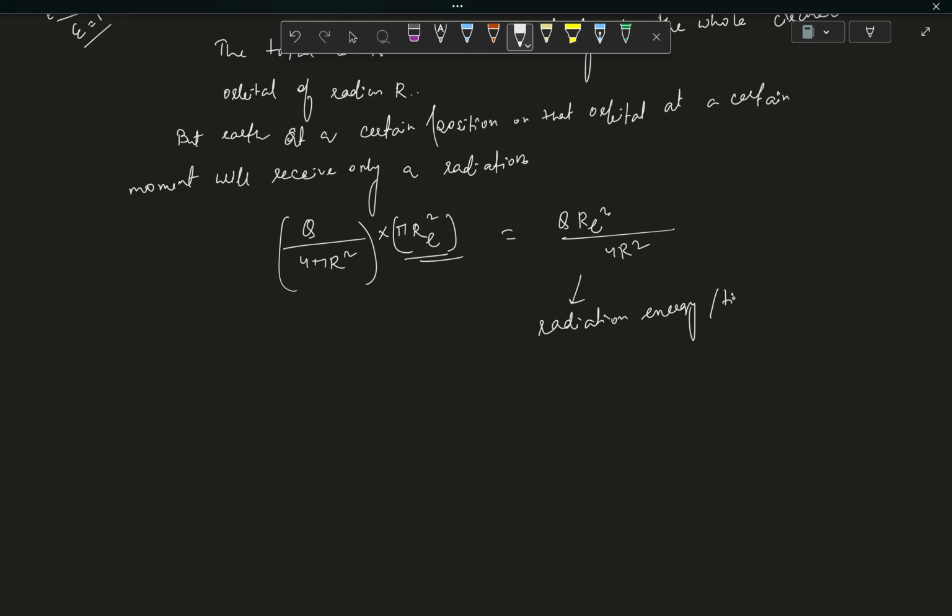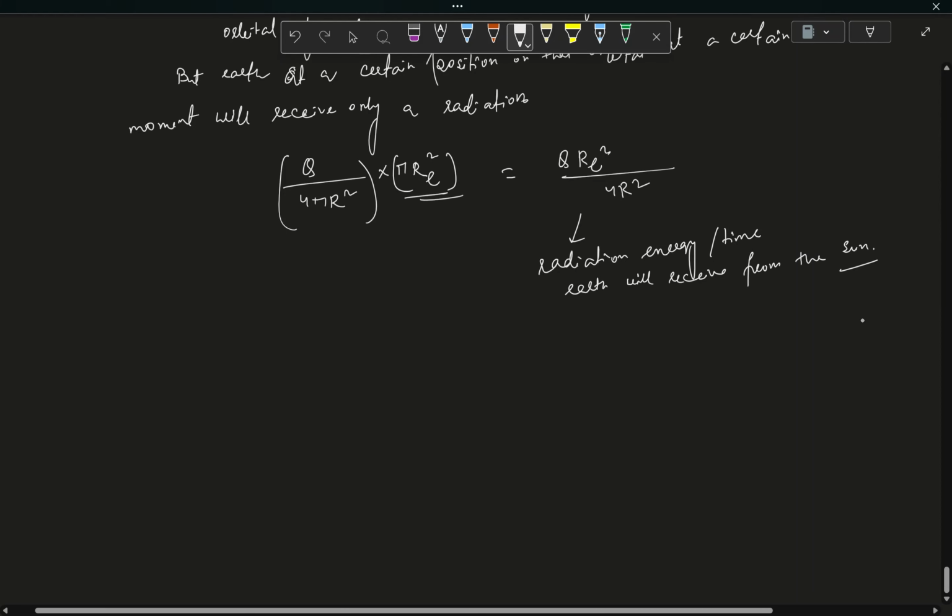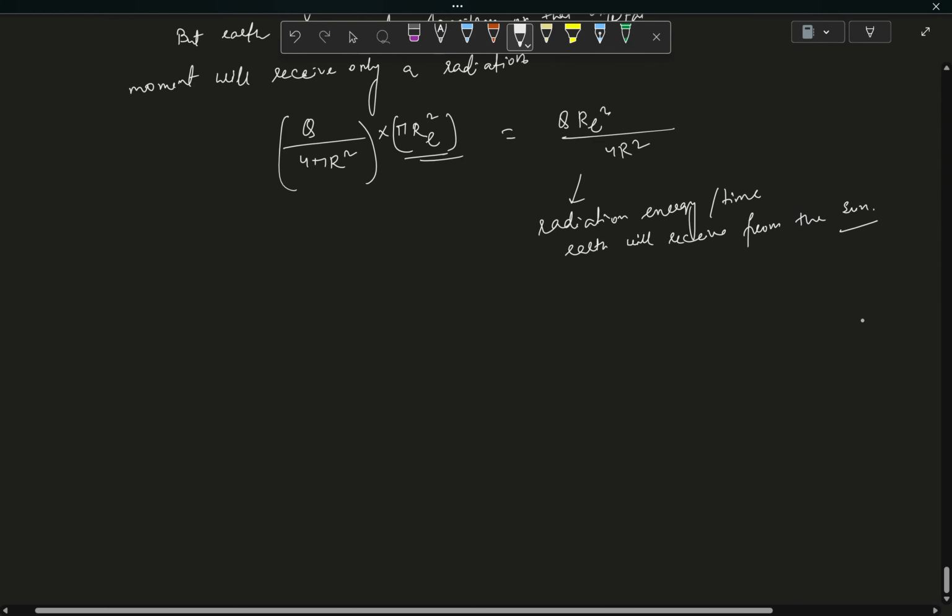Radiation energy per time Earth will receive from the Sun. Now if there is to be a thermal equilibrium between the Sun and the Earth, the rate at which the energy is received by the Earth must be the same as the rate at which the Earth is also emitting that energy.